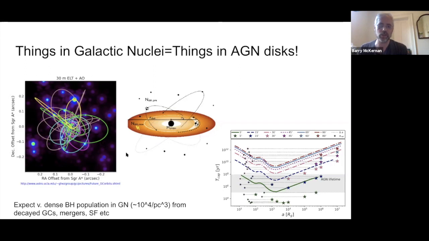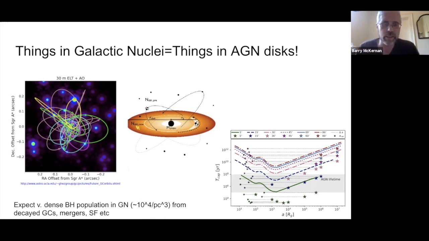These are bright stars, but there are faint things that are also in here, including stellar remnants like black holes, neutron stars, other things. And basically we think that the swarm of dynamically hot objects in galactic nuclei comes from the decay of globular clusters into the galactic nucleus, mergers, star formation, all convolved together to give you a population that develops in galactic nuclei.